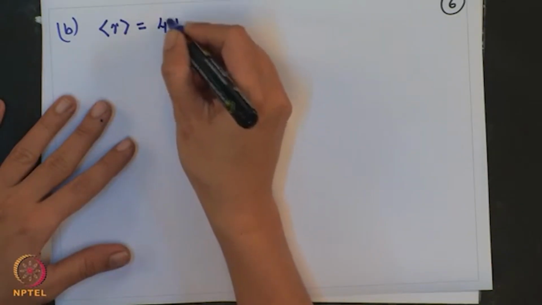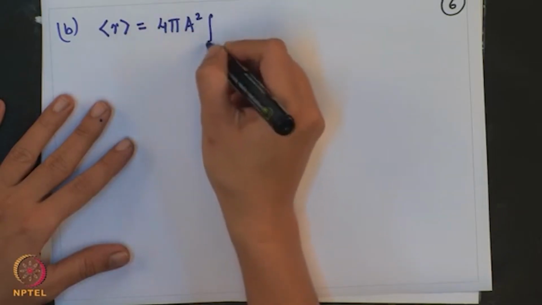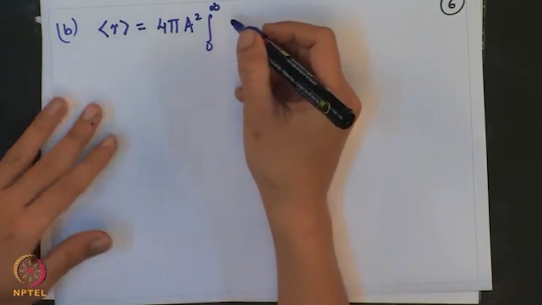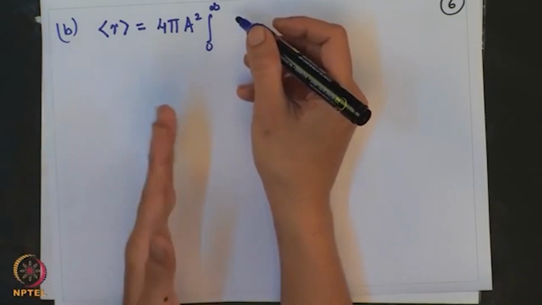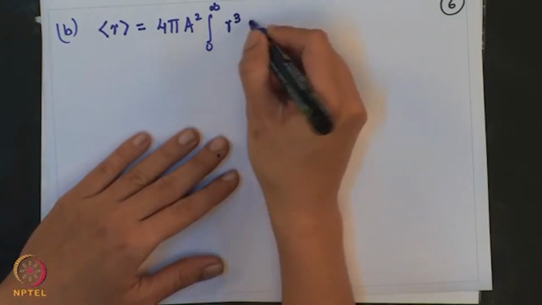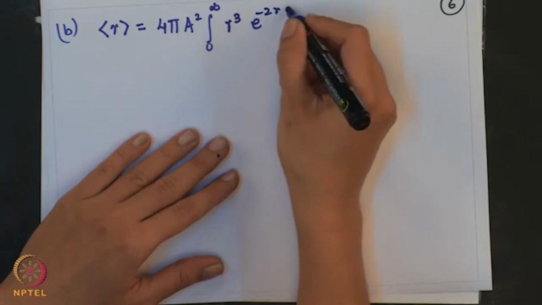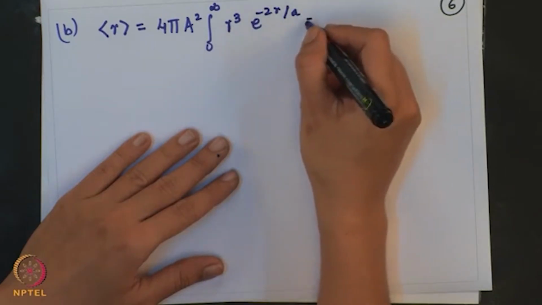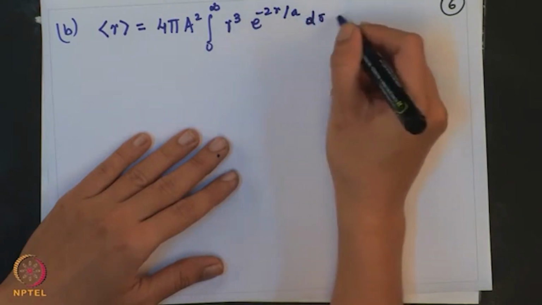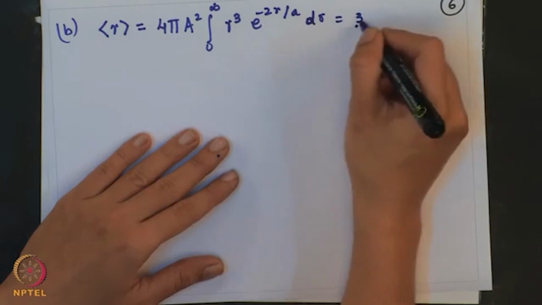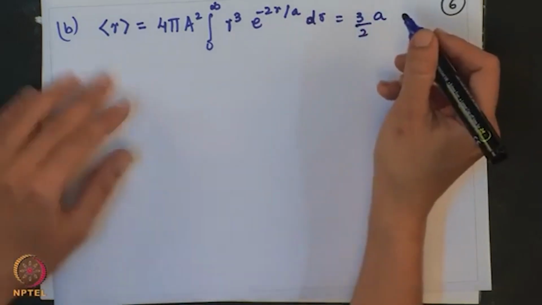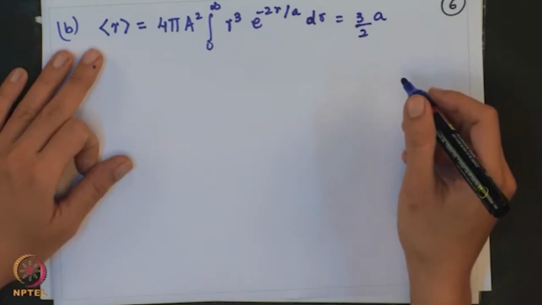So, it will be 4 pi a square, 0 to infinity. When you take psi star r psi, you obtain r cube e raised to minus 2r upon a into dr, which is nothing but 3 by 2 times a. So, this is the mean distance.